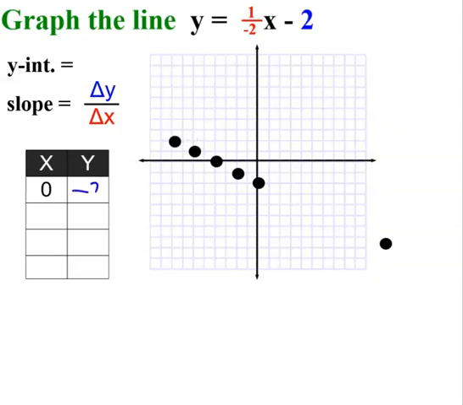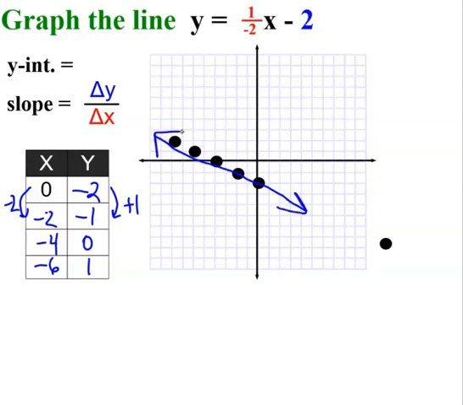So my y-intercept was negative 2, my slope number in the numerator was positive 1, my slope number in the denominator was negative 2, so I could fill in these values as well. And I could plot those points the same. Don't forget to draw a line and an arrow.